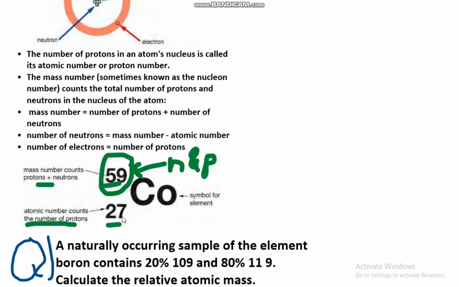Here down we count the proton number, or atomic number, which gives us the element number also. So the nucleon number is known as the mass number, which is protons plus neutrons, and the atomic number is the number of protons.